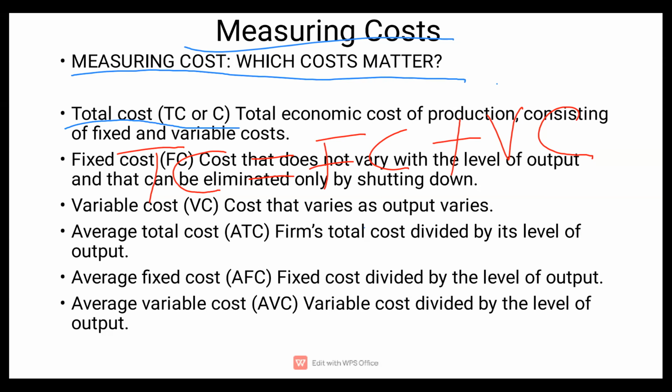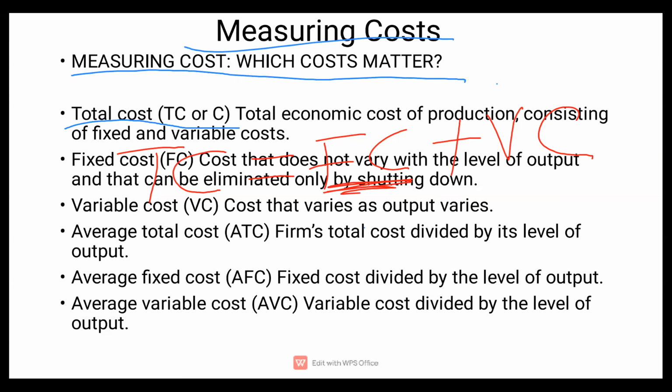Okay, labor does not change with the level of output. Are we sure? All right. Okay. Don't worry, we are getting there. So listen now. What is there with the fixed cost?